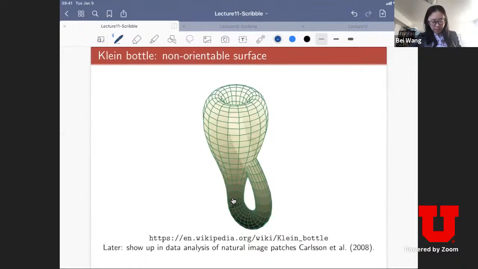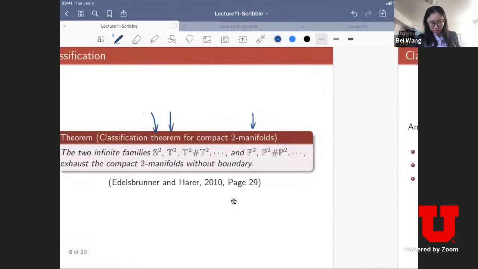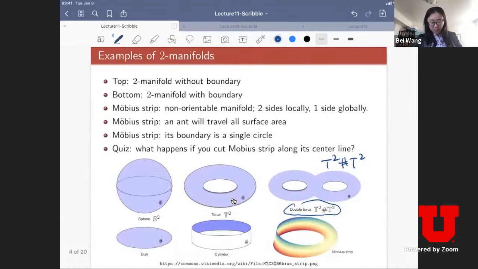Because if you think about a Mobius strip, if you have an ant that walks around the Mobius strip, it's going to go over all faces, right? It's going to travel all the surface area because there's no separation between exterior surface versus interior surface.